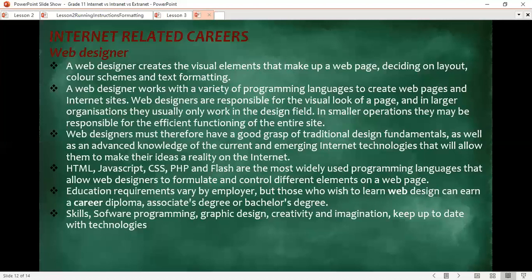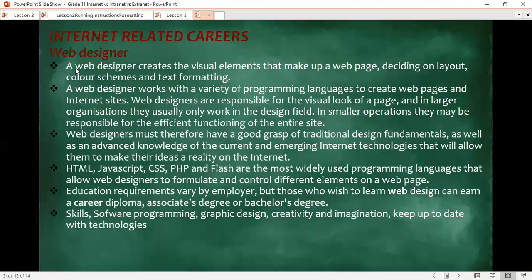You can just go there and sign up to the site. Then you can get your own free designed website. So it is already designed, but it doesn't have the content. So that is what a web designer does.